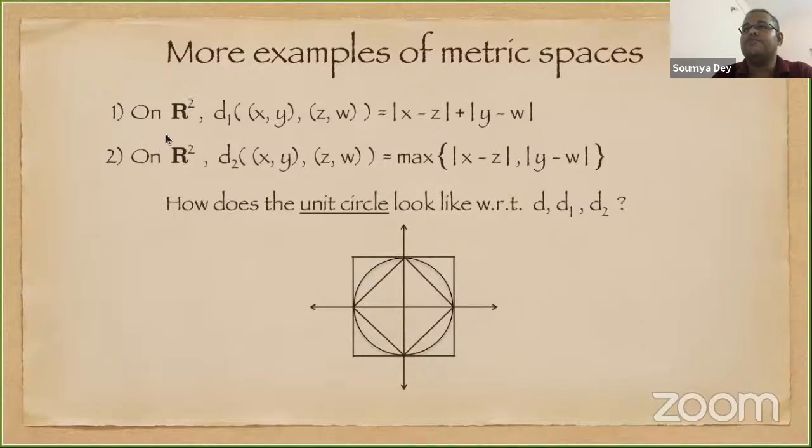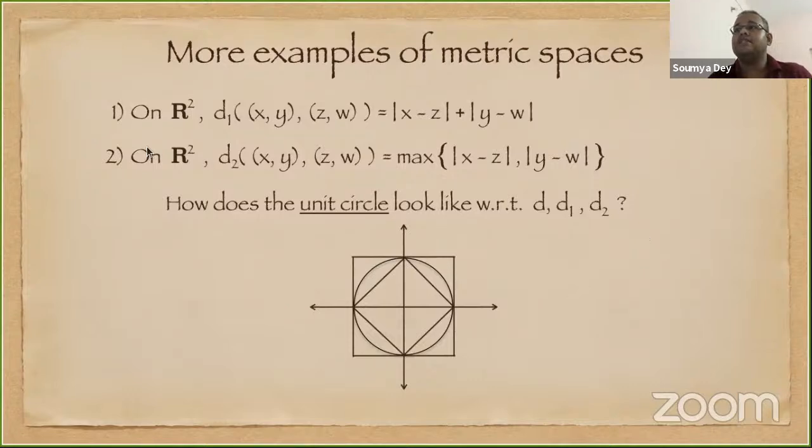On R2, you can define a map, say D1. You have 2 points, xy and zw, and you define D1 as mod of x minus z plus mod of y minus w. You can check that this will also give a metric. All those 4 conditions will be satisfied by d1 also.